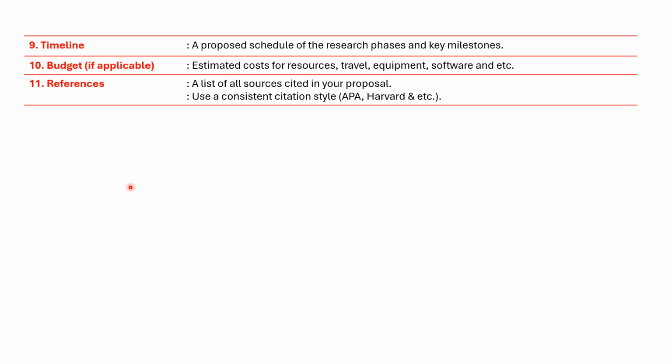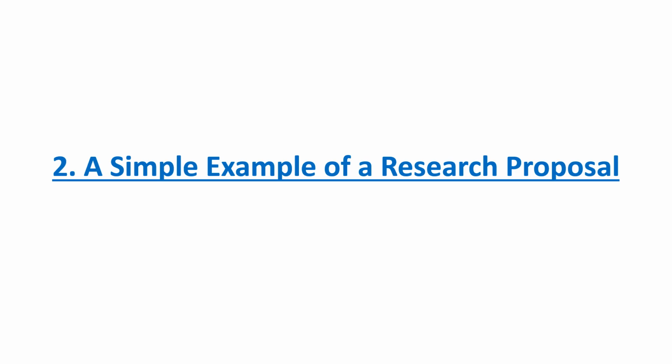So, with that note, let's move on to identify a simple example of a research proposal. Here I have just illustrated within 2 or 3 lines the background, literature review, methodology, but it's a bit more than that.